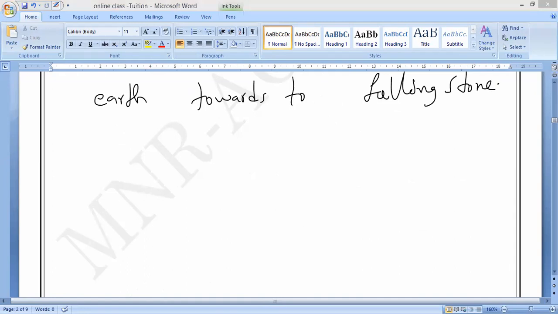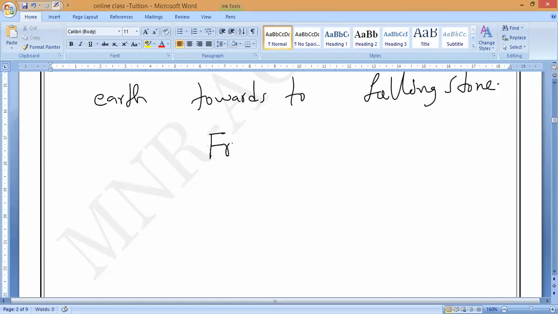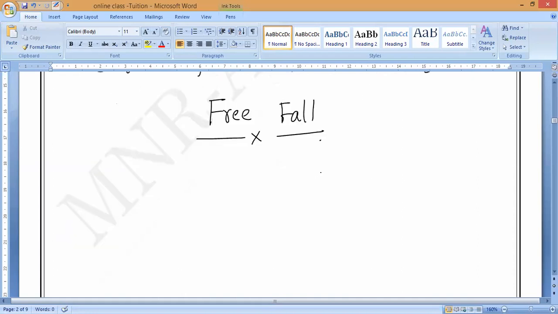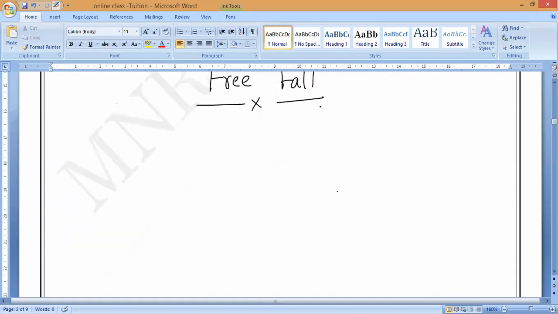If some object is falling towards the earth, that is called free fall. The next concept we are going to study is free fall. Please note it down.